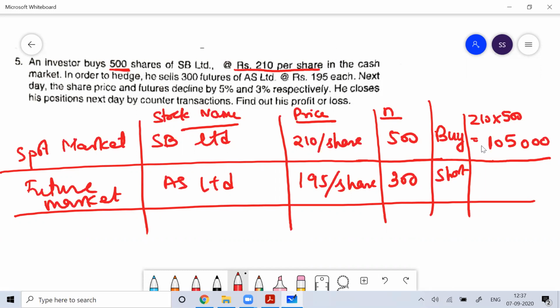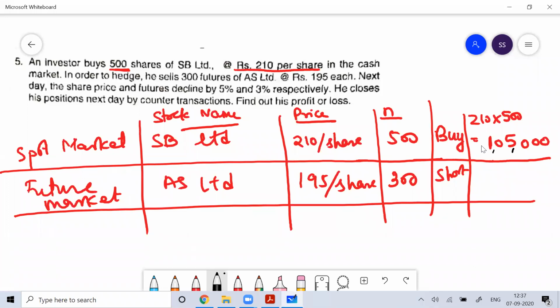Normally in the spot market, you buy, and then in order to minimize your risk of downturn, because you bought at 210 rupees: if the price of SB Limited goes beyond 210 rupees, no problem, the more it goes, the more money you make.